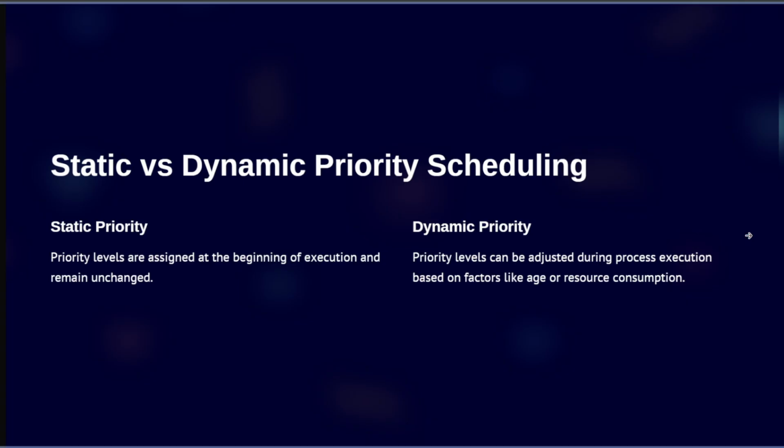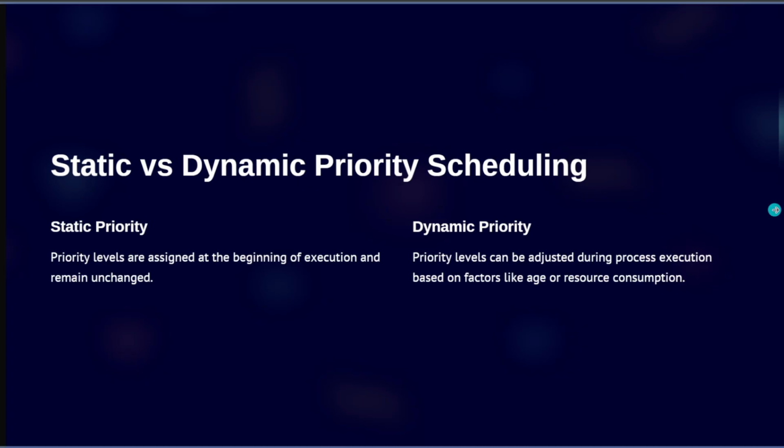So now we'll be talking about static priority scheduling. It assigns fixed priorities to processes at the start, which remain unchanged throughout execution. This is simple and predictable, but can lead to starvation of low priority tasks.